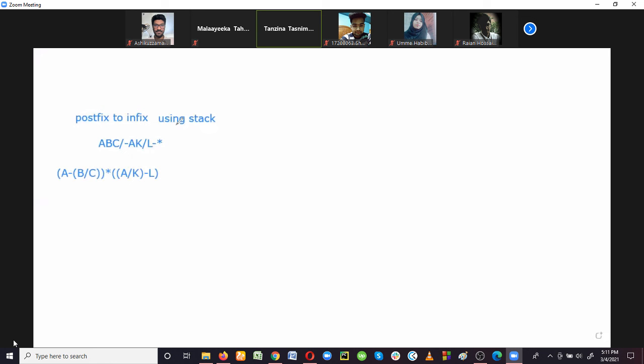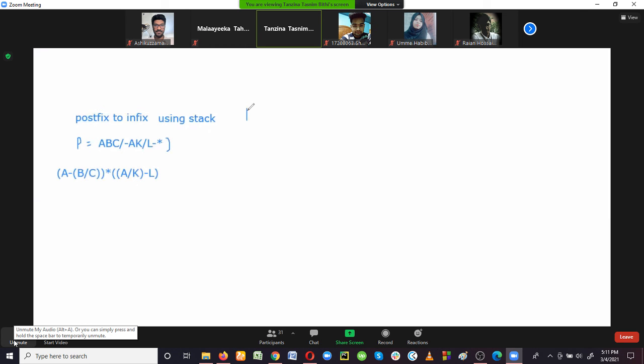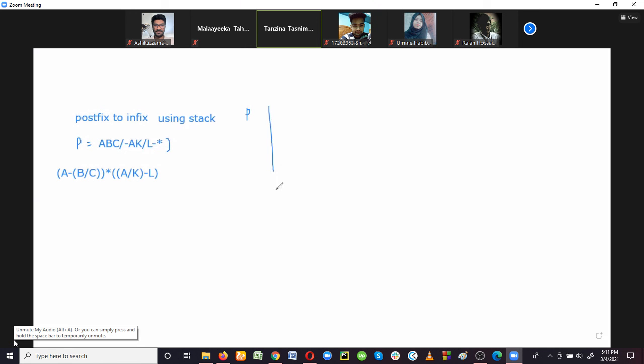So how did we get the result? This is our postfix notation, that is P. At first add a right parenthesis here, and then we can scan the elements from P. And this is our stack.